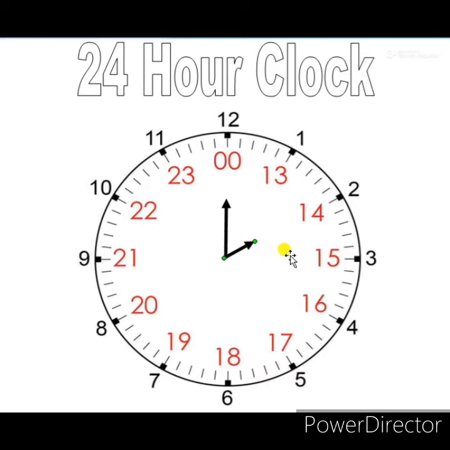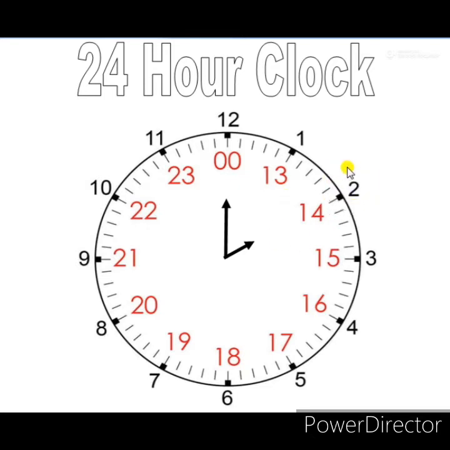So 2 plus 12 is 14 hour in the 24-hour clock. Suppose it is 3 o'clock in the afternoon: 3 plus 12 is 15 hour in the 24-hour clock. So in this way, to find the 24-hour clock time, add 12 hours to the 12-hour clock time.